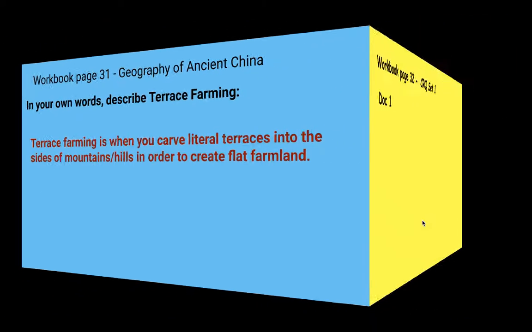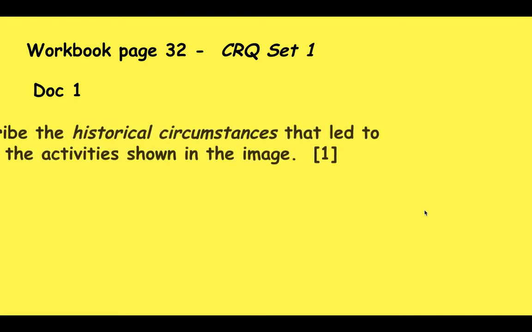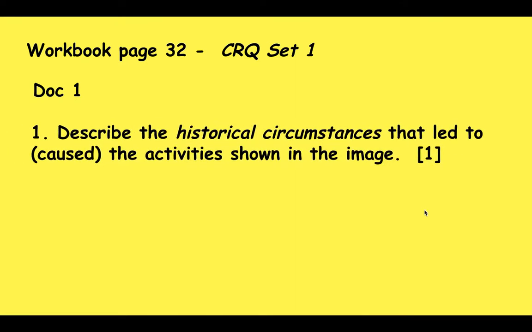So now what I want to do, we're going to practice with a constructed response question. So we are on page 32 in your workbook. And question number 1 asks you to describe the historical circumstances that led to or caused the activities shown in the image.